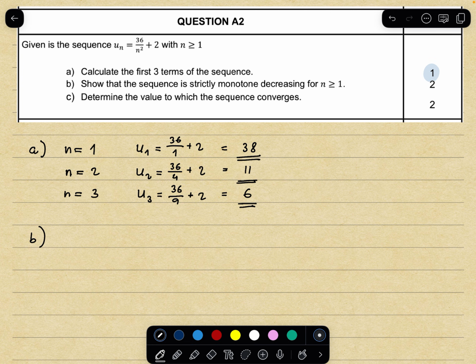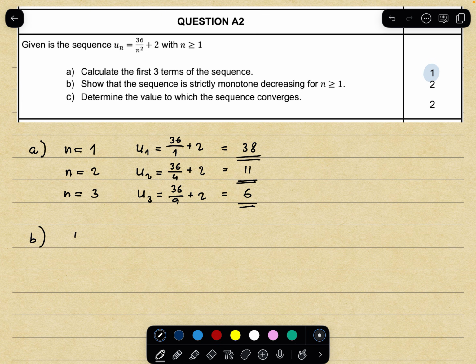If we can show that the derivative is always less than 0, then that associated function is always decreasing, meaning the sequence will be decreasing. And monotone just means that it's continuously decreasing all the time. It never stops decreasing, it never goes up. Monotone just means doing the same thing, basically.